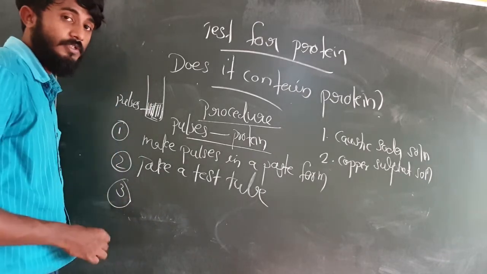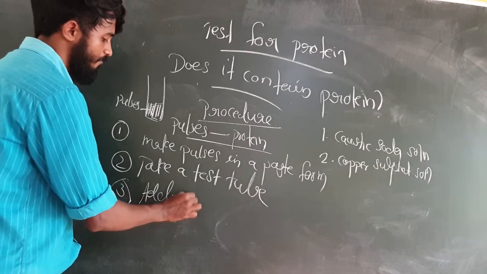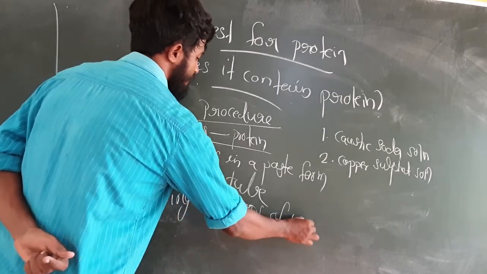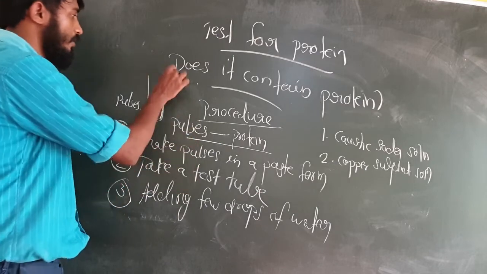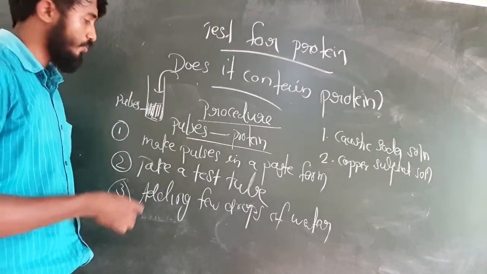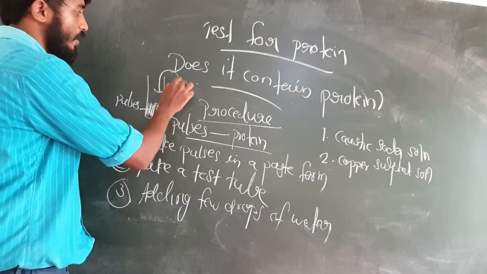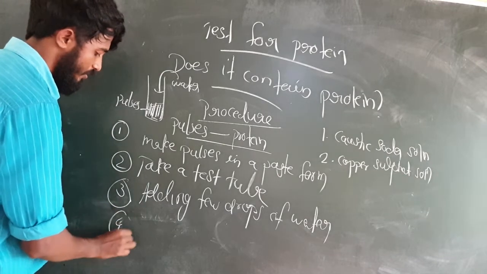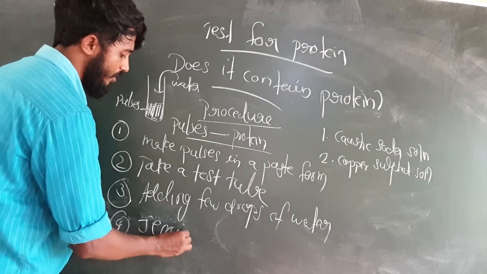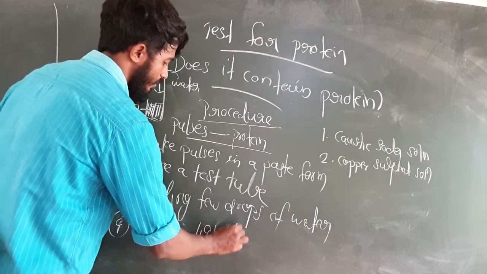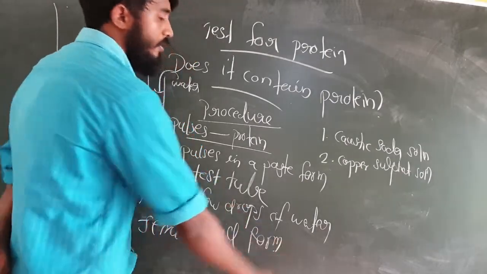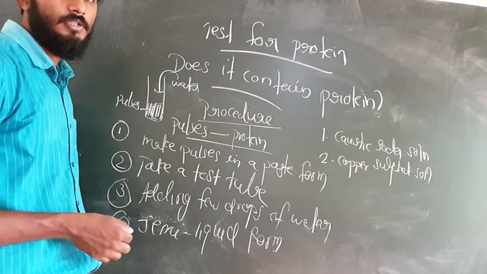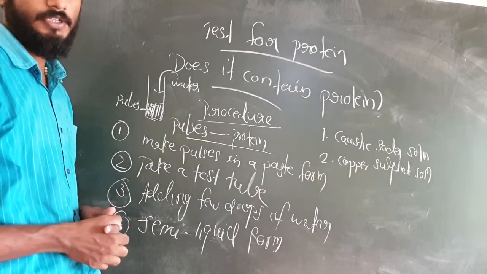Next we are adding a few drops of water to it, so that we get a semi-liquid form. Clear? So in this test tube we get the semi-liquid form of this.